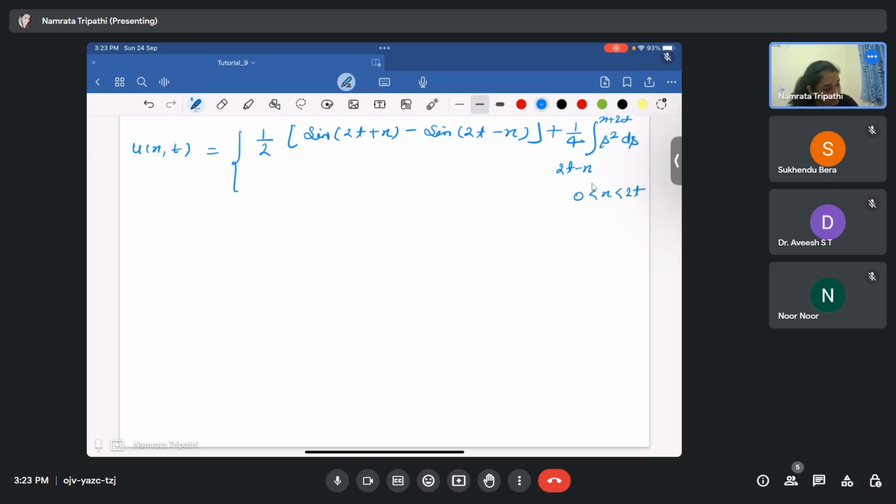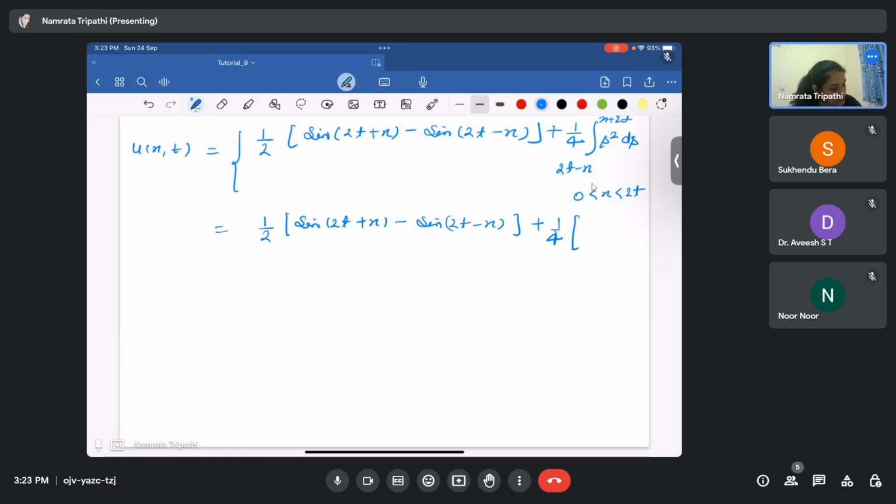Firstly we can calculate this term. You can use sin C minus sin D, or you can leave as it is. The integral of s square will become s cube upon 3.